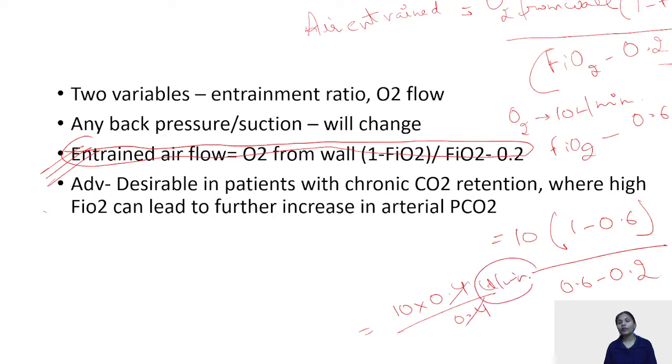Air entering from the atmosphere will be around 10 liters per minute, and the oxygen flow rate we are giving is also 10 liters per minute. So the total flow being given to the patient is 20 liters per minute, which is a high flow device.